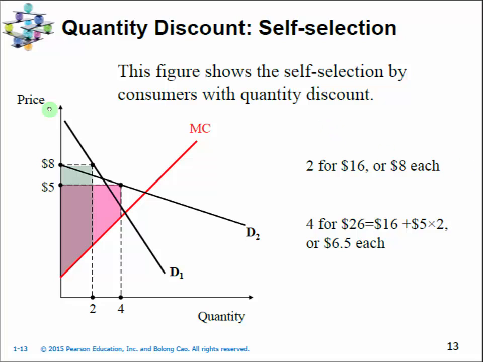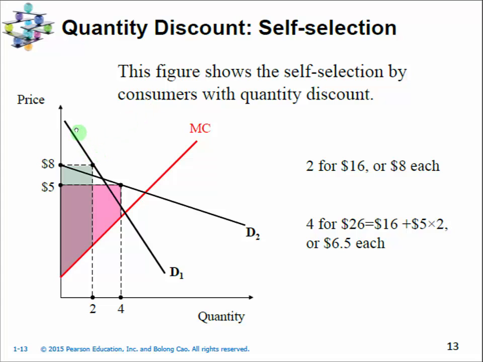In this picture, we want to show that firms with market power can separate consumers by their willingness to pay, by the shape of the different demand curves of the consumers. The firm with market power can use quantity discounts to let consumers self-select into buying different sizes of packages.